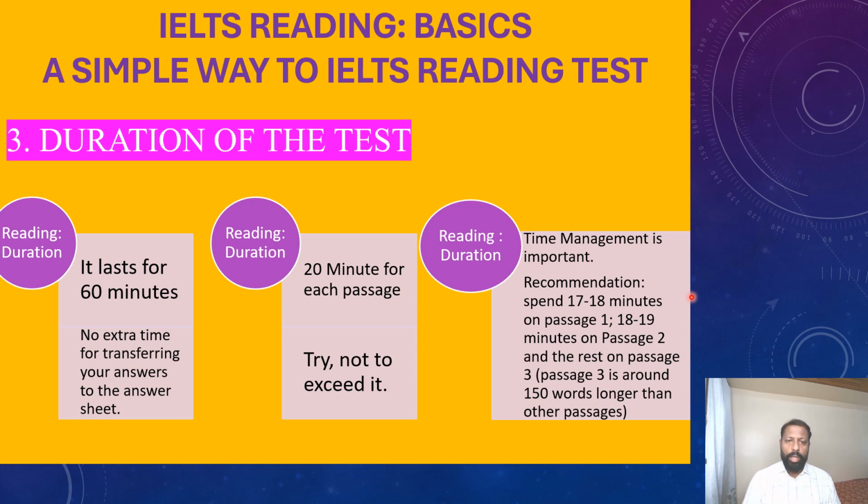That is to say, you can expect up to 950 words in passage 3, and it would also be of an academic nature. As a result, you may feel that it's quite tough, or the language used is very academic.